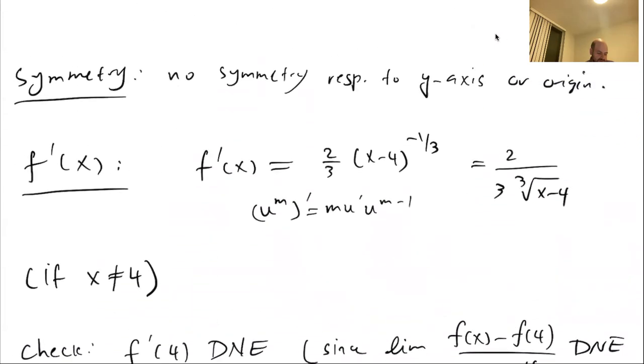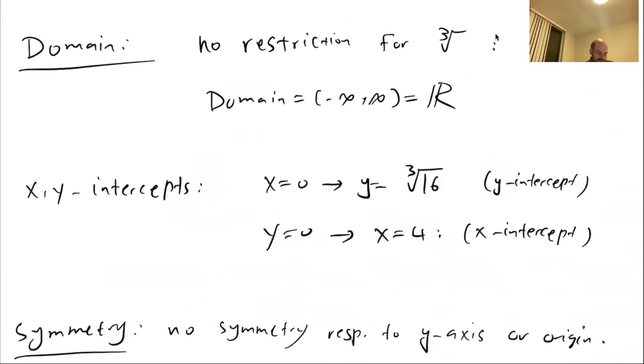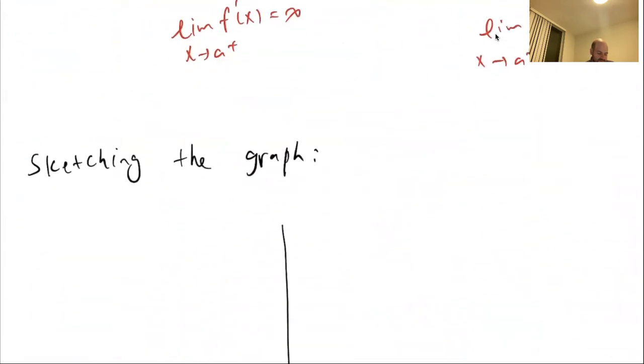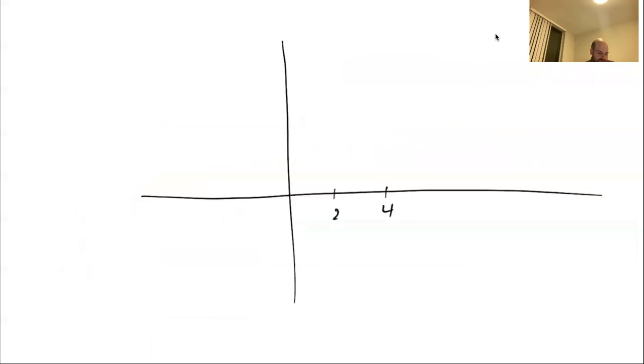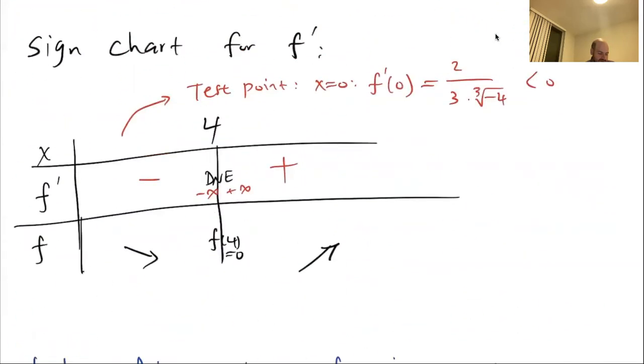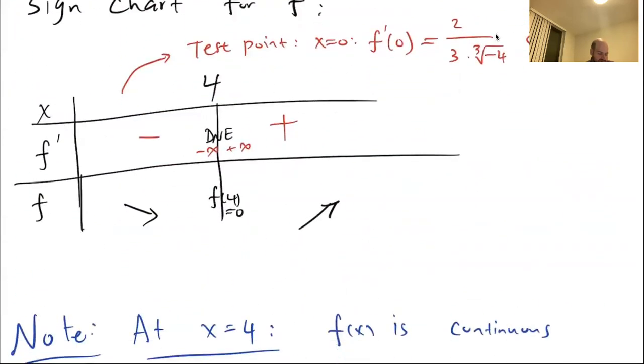And how much was the y-intercept? The y-intercept was cube root of 16. You see the function will be decreasing and then increasing. This point is the cube root of 16, the y-intercept. And this is the local minimum, right? At x equals 4, decreasing before, increasing after: local minimum.